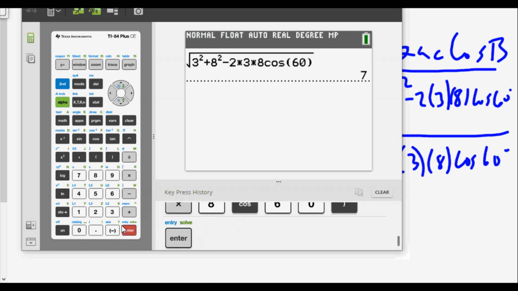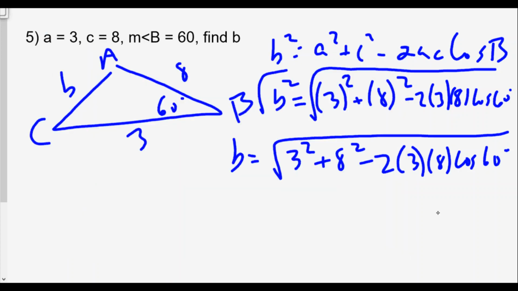I hate when this happens, I had to clear and start again. And right away we get 7. All right, so there you go. The answer for the first one is going to be 7.